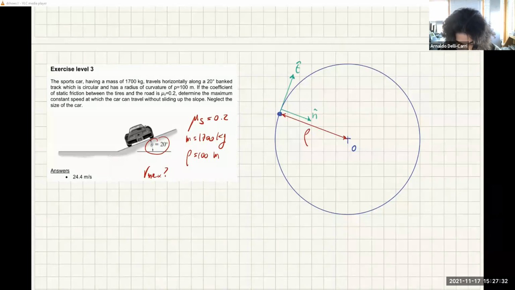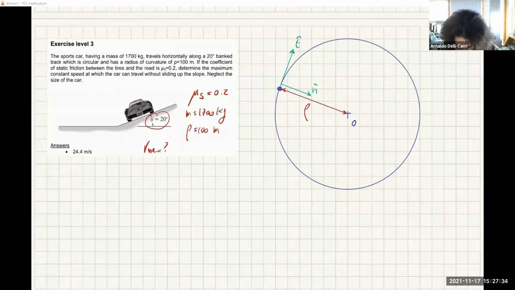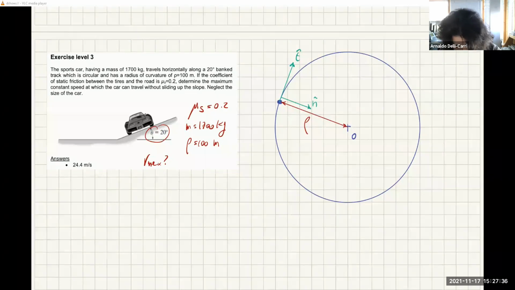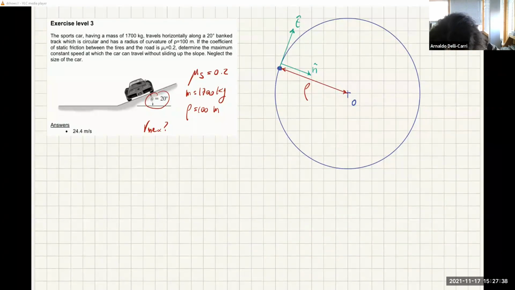And this is not sufficient though, because we also want to see what happens along this other plane of the car. So let's do two free body diagrams of the same thing.